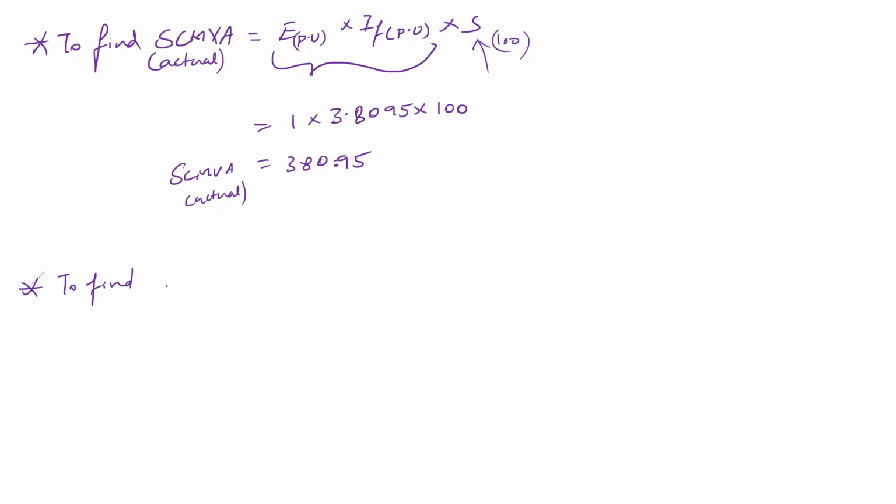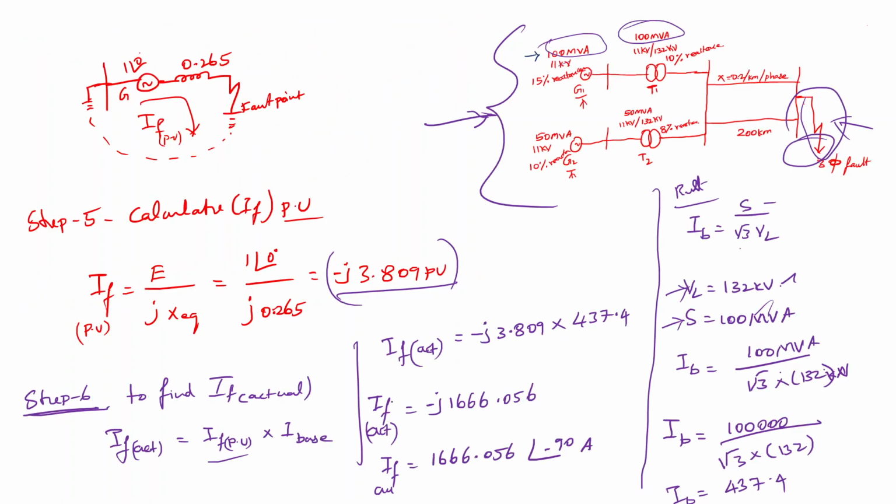To find the current supplied by G1 and G2, this is the next thing we need to do. Before finding this out, one thing you need to consider: this total fault current is given by the sharing of G1 and G2. But the value we calculated, this IF, is at the high voltage side, and this IF per unit we also found at the high voltage side.